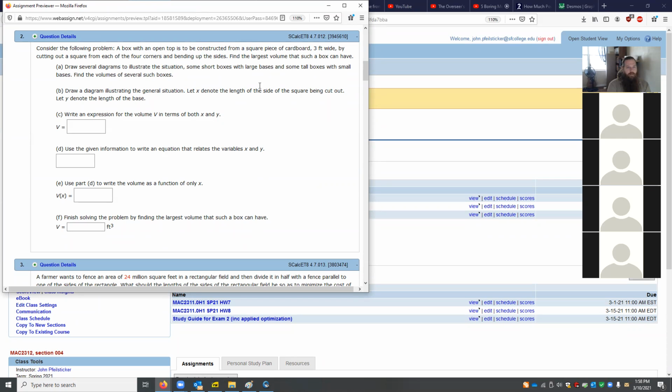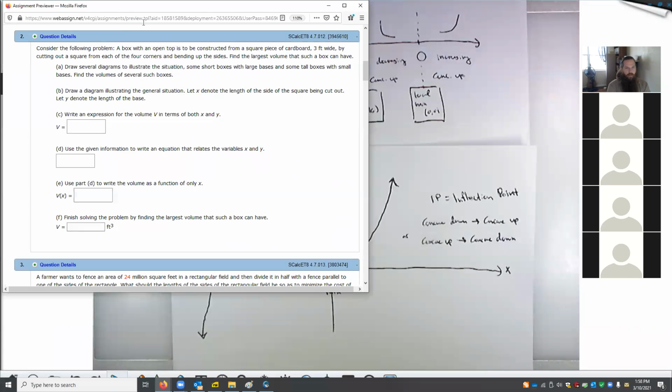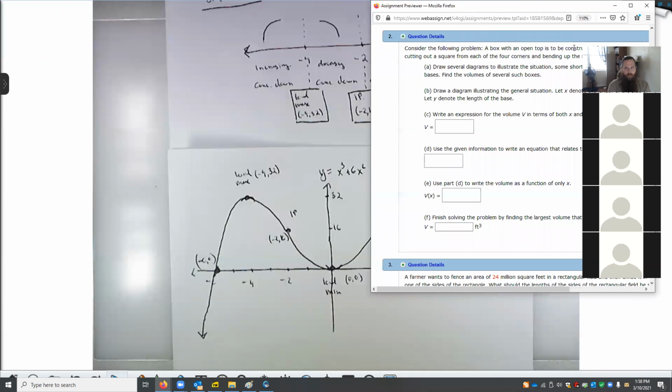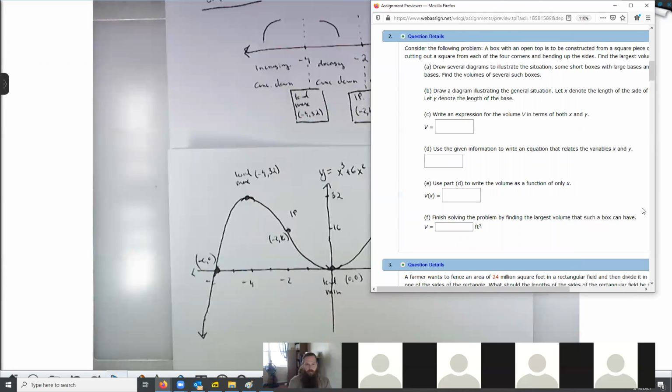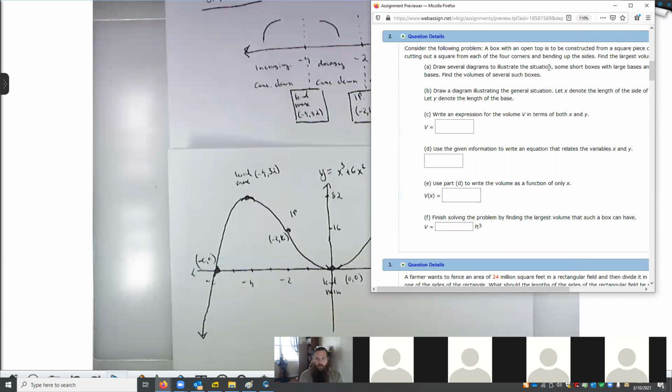Oh yeah, this is a challenging one. I will go ahead and show you the setup here. Normally I wouldn't do this, but this is a particularly challenging study guide problem. Applied optimization is difficult stuff, in the same way that related rates is difficult, because they're all word problems.